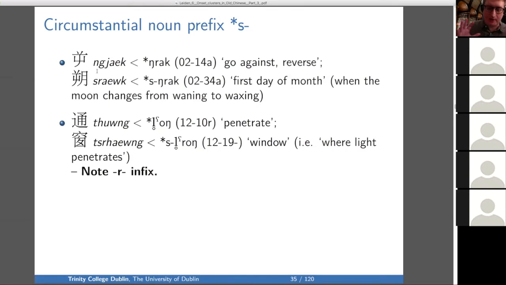And I hope it's just clear to everyone: we don't know that these things are pronounced this way, right? It's the Middle Chinese relationships in terms of semantics and phonetics that are being explained by the supposition that you have an S prefix and the sound change in question, right?